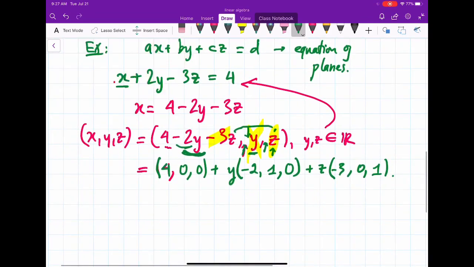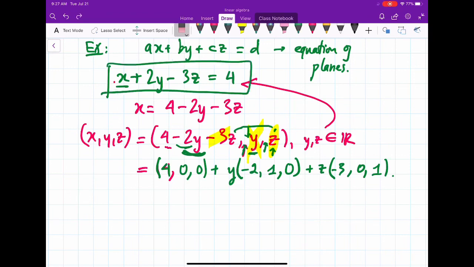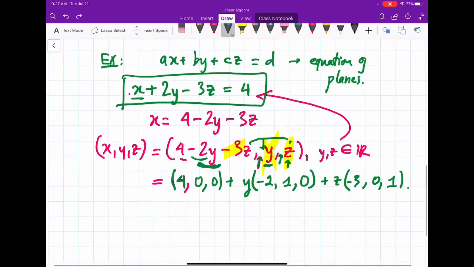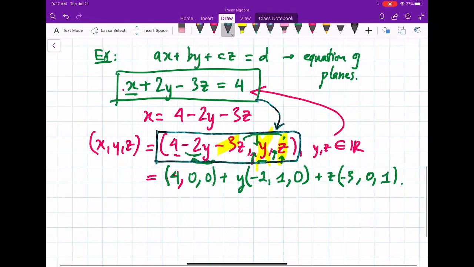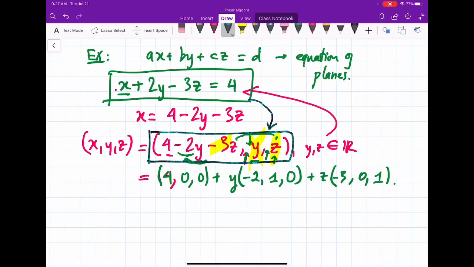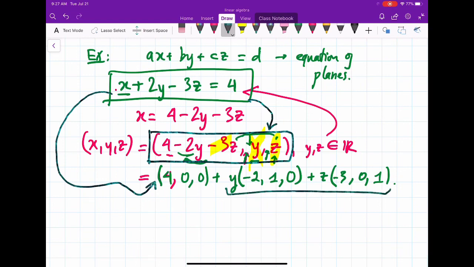So you can see, actually, the solution of this equation can be described as this, right? So all points like this can be described as a linear combination of these two vectors, and you move along some other vector.